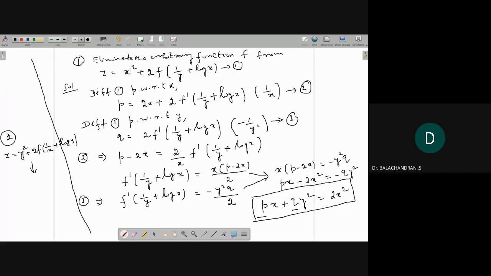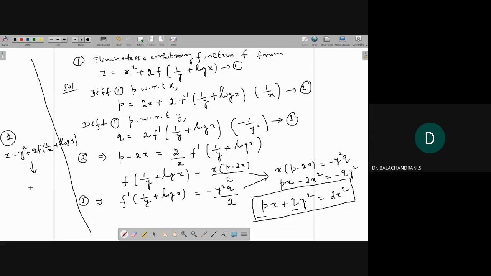Here you have x square, here you have y square. Wherever you have x, here you have y. So that is the only difference. Can you predict from this answer to this answer without solving? But later you can solve. Just try. Sometimes it is correct, sometimes it is false.